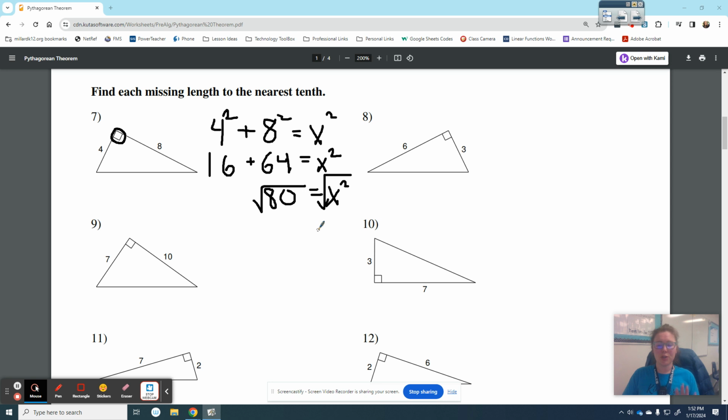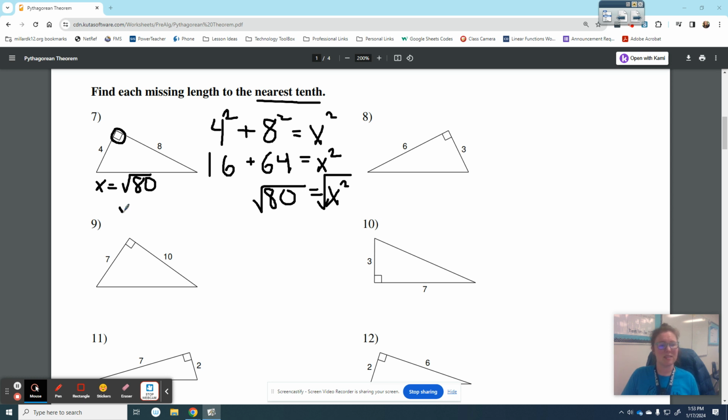Now, there are two different types of answers that we might come across. Our directions say round to the nearest tenth, so we want a decimal. Sometimes it's going to say leave it in radical form or leave it in the exact answer. Well, the exact answer here is x equals the square root of 80, which then we learned a couple days ago or yesterday how to simplify a square root.